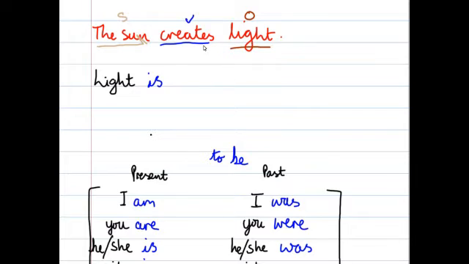So that is how we express that it is in the present tense, because actually with the passive we still need to use the past participle of the verb. So we're going to have to change the verb from creates to is created, which in this case is the same as the past tense. So light is created, and then if we want to say by who or whom, light is created by the sun.